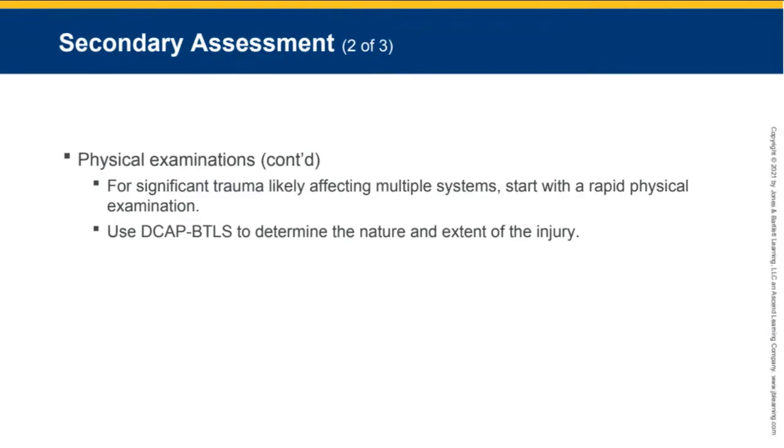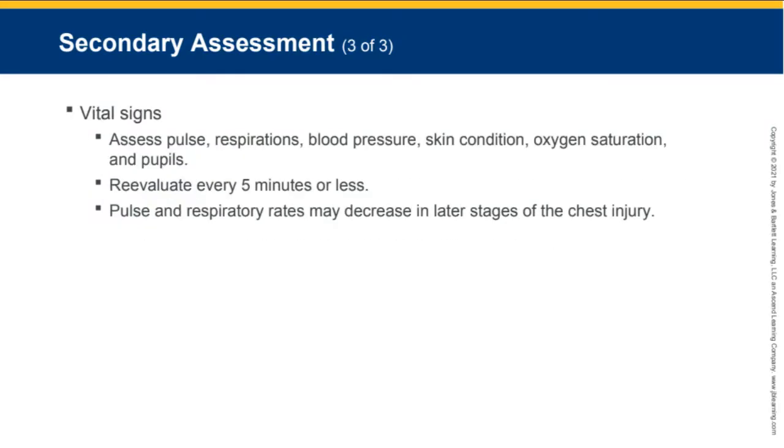For significant trauma, likely affecting multiple systems, start with a rapid physical examination. Use DCAP-BTLS to determine the nature and extent of the injury. Obtain your vital signs, and when you record your vital signs at this point, compare them to your primary findings. Your primary findings are what your assessment revealed before treatment.